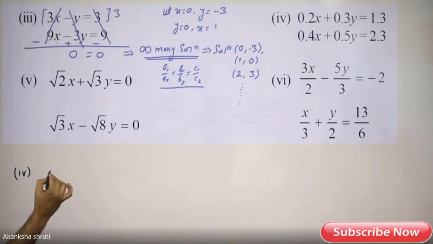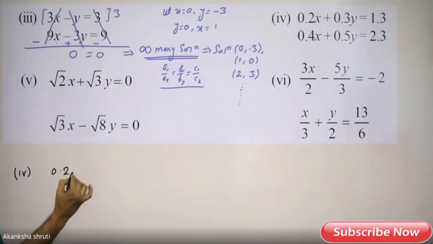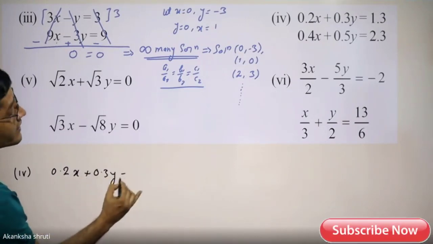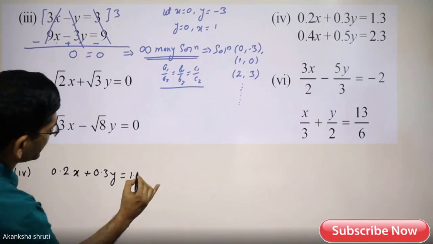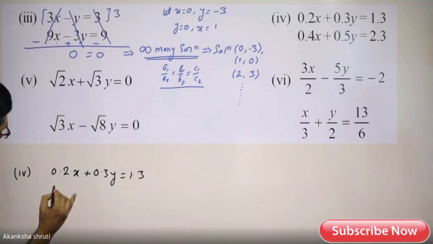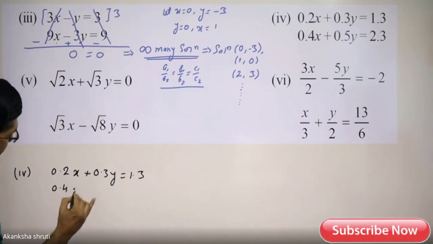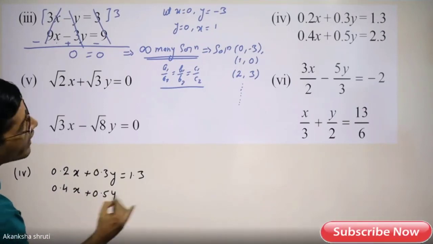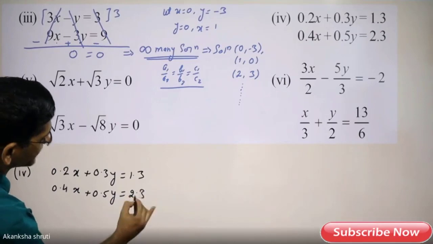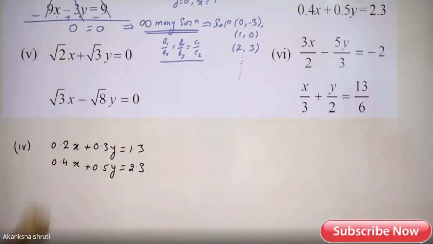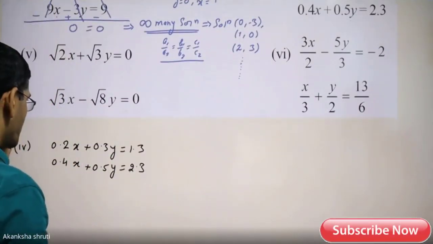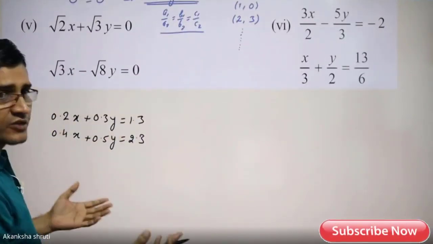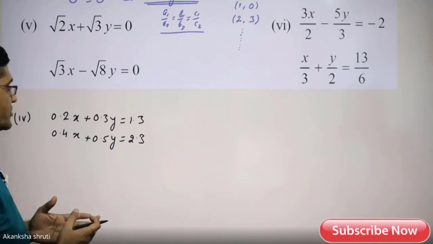Our question number 4 is 0.2 x plus 0.3 y is equals to 1.3 and 0.4 x plus 0.5 y is equals to 2.3. Students, very first thing what we will do, for removing the decimal, we will multiply each of these by 10. Automatically, decimal will be removed. Good.